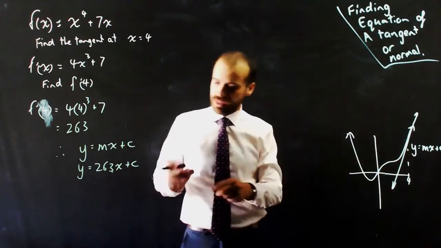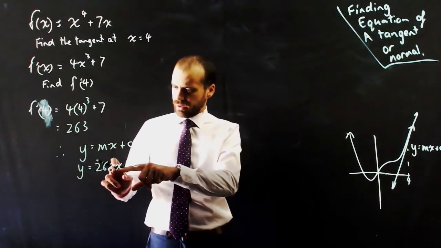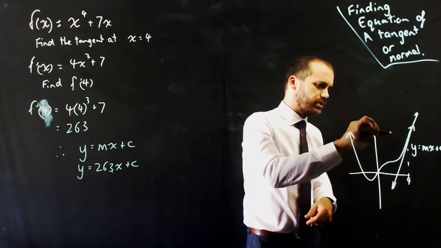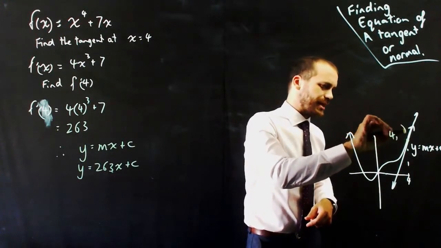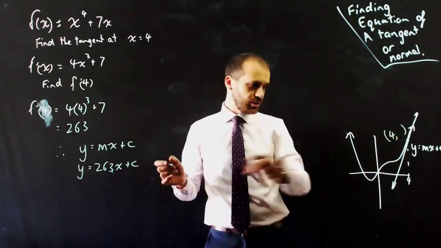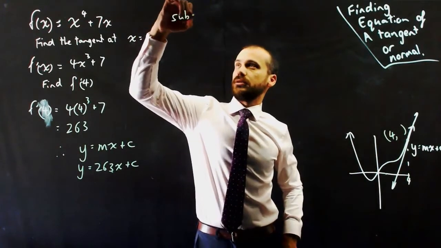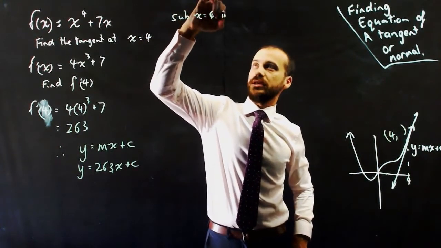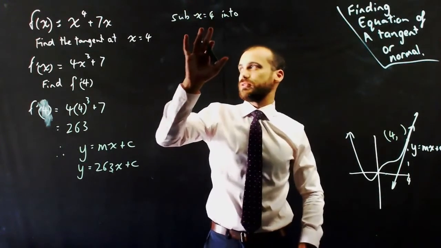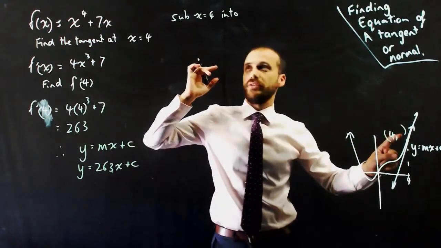Now, to find the c value, I just need to know a point on that line. Now, I know that the tangent is occurring at 4, something. I just need to know what the something is. So to find out what the something is, I can just sub x equals 4 into, and this is where you have to be careful, I'm subbing x equals 4 into my original equation because I want to know what the original y value is.